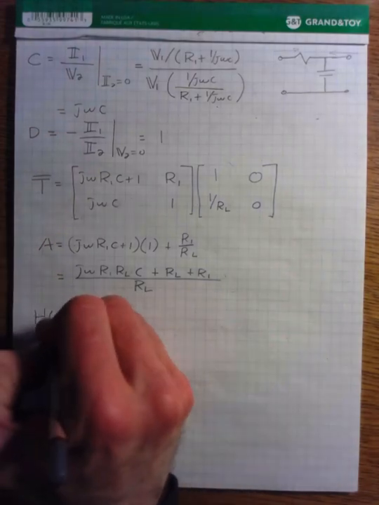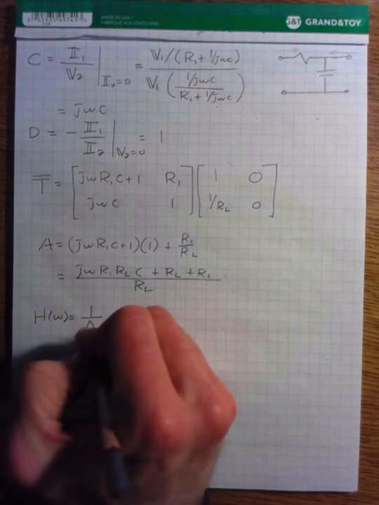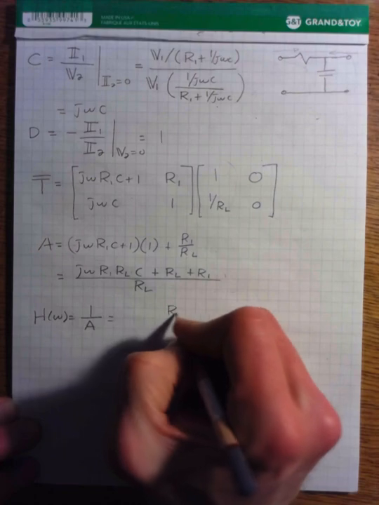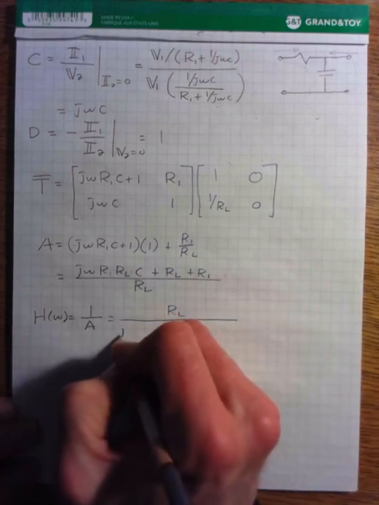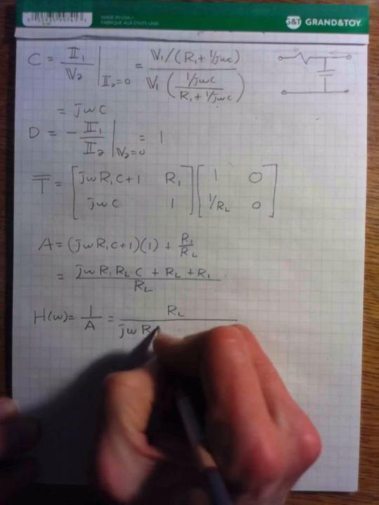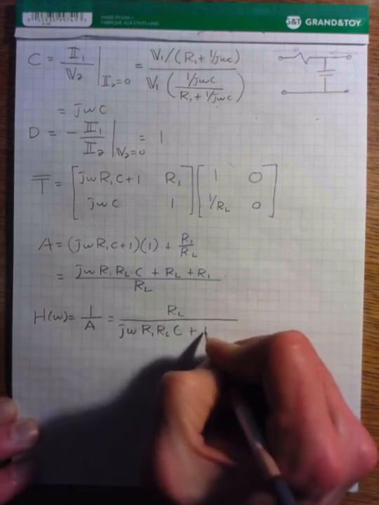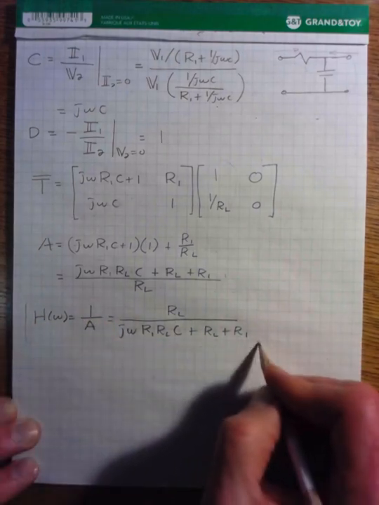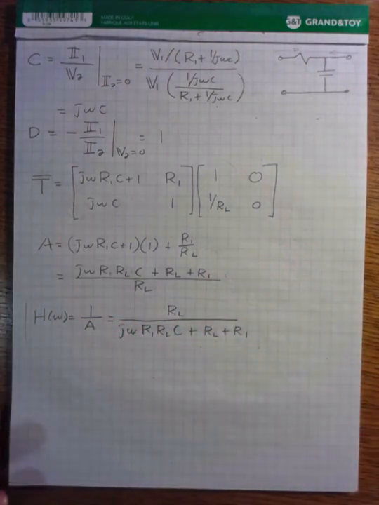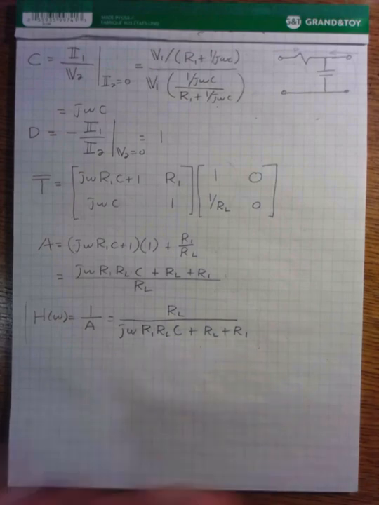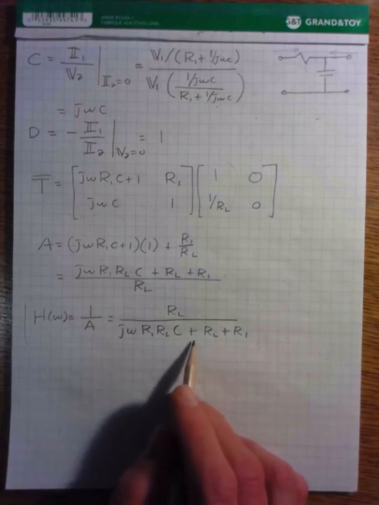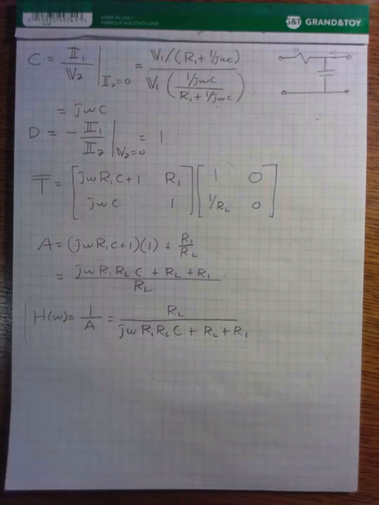And then H of omega is equal to 1 over A, which is just the inverse of this: RL over j omega R1 RL C plus RL plus R1. And if you compare this to the expression that we had at the very start of this module, you'll see that this is the same, right? This is exactly the same result that we had when we did our individual KCL and KVL analysis.